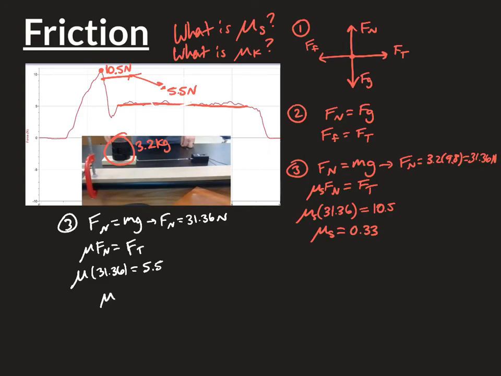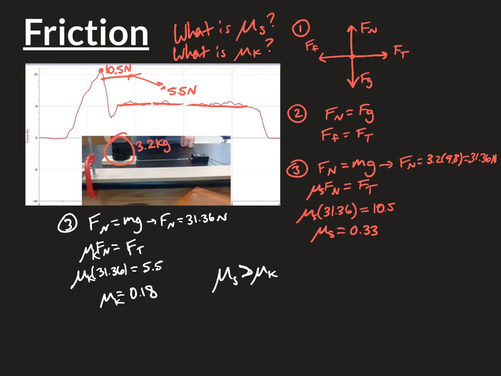But anyway, we have our coefficient here. It's going to be equal to the 5.5 newtons divided by 31.36, and I get the kinetic friction coefficient, which I should put K for kinetic, is about 0.18. So the coefficient of static friction is always going to be greater than the coefficient of kinetic friction.